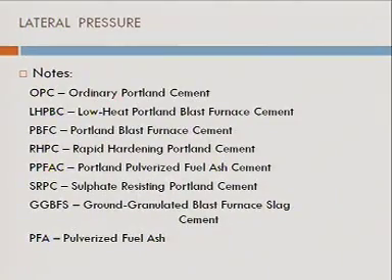RHPC is rapid hardening Portland cement. PPFAC is Portland pulverized fuel ash cement. SRPC is sulfate resisting Portland cement. GGBFS is ground granulated blast furnace slag cement, and finally PFA is pulverized fuel ash.